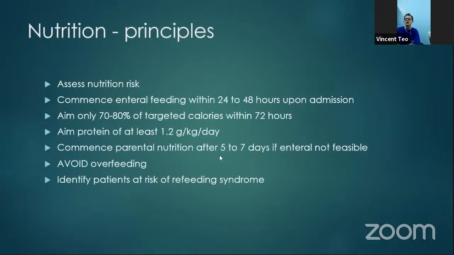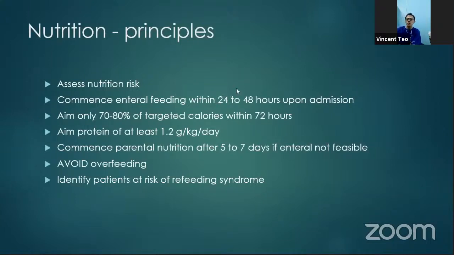The principles are mainly to assess the patient's nutritional risk, and in our country, it is actually generally noted that we tend to have overnutrition rather than undernutrition. It is also noted that we tend to have more obese patients that go into stage 5, as we notice.